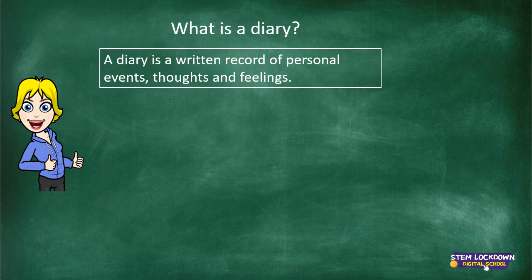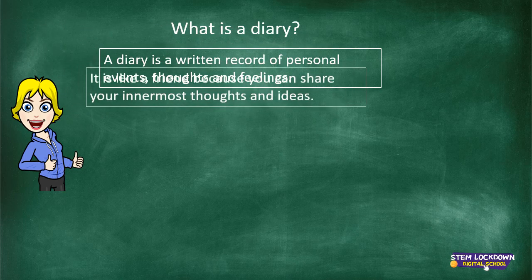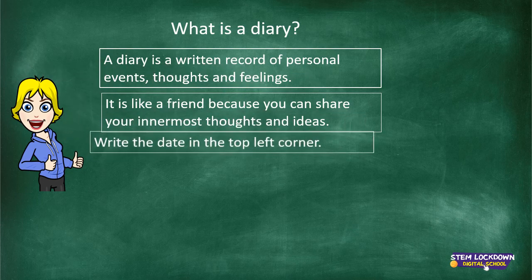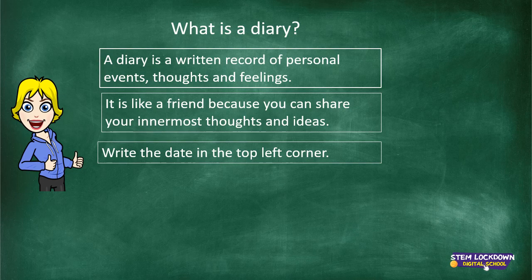Great. What is a diary? A diary is a written record of personal events, thoughts and feelings. Perhaps you even keep a diary yourself. It's like a friend because you can share your innermost thoughts and ideas. Usually you'll write the date in the top left corner so that you'll always know when you wrote what.